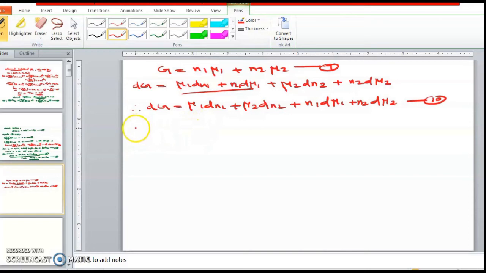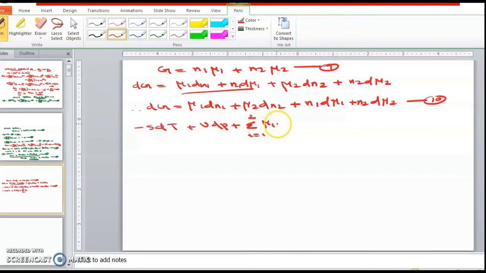So we can write equation 1 was minus S dT plus V dP plus mu1 dn1 plus mu2 dn2, right? We can write it by summation, i is equal to 1 to 2 because it is a bicomponent system.